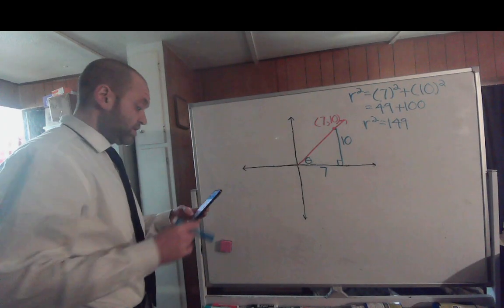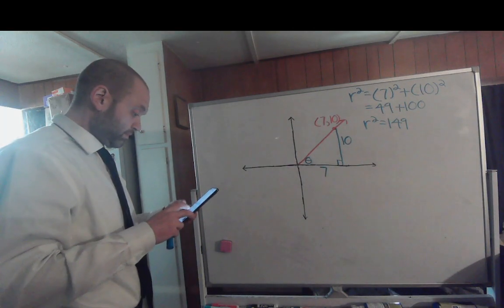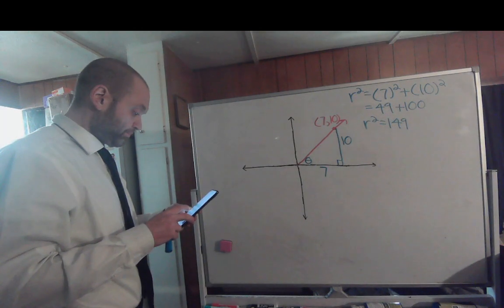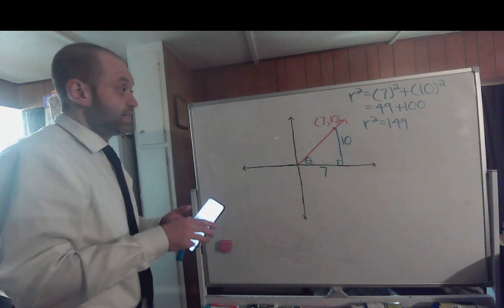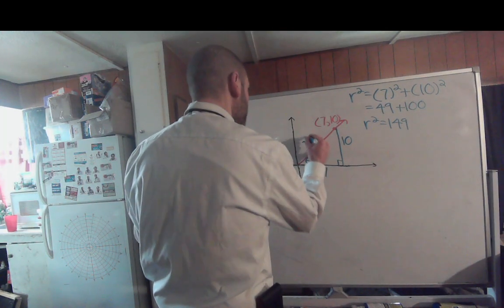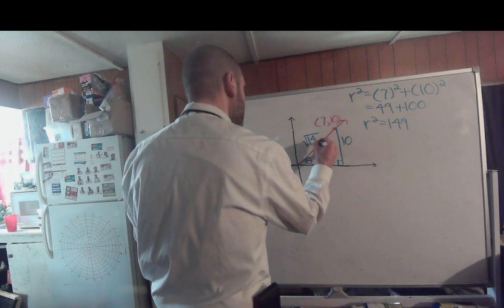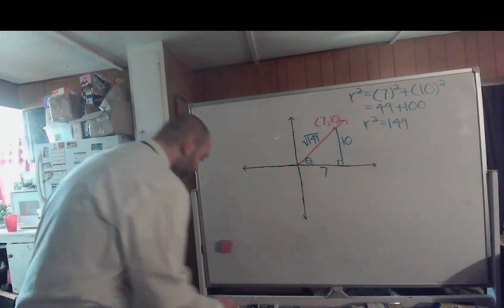I don't get very good feelings about it, but let's see. It doesn't. So the radius is going to be the square root of 149. So unfortunately, we're stuck with a hideous expression.